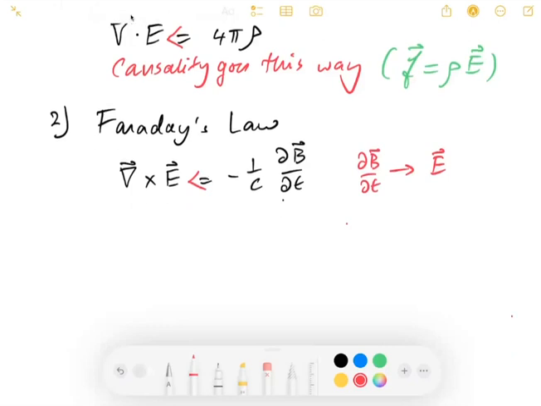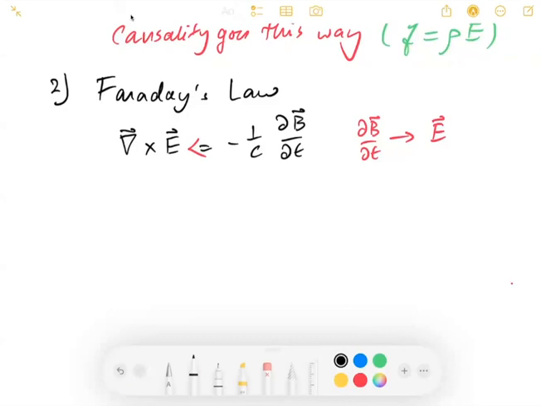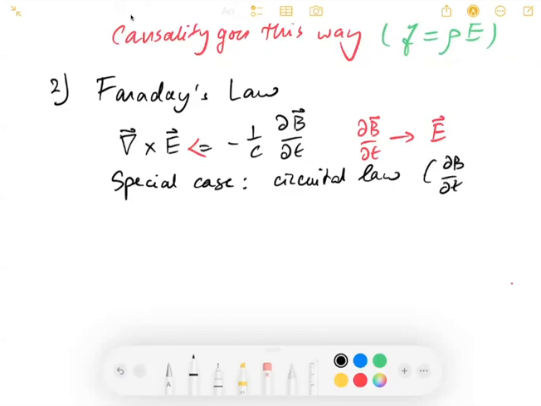Faraday's law has, of course, a special case, and that is the circuital law. It's when dB dt is 0.